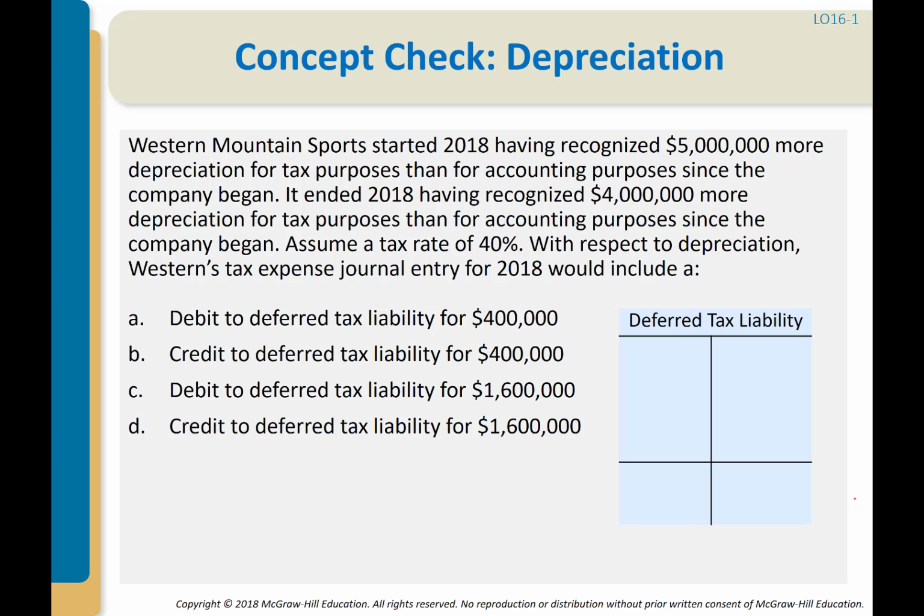Okay, it ended 2018 having 4 million more depreciation for tax purposes than for accounting purposes since the company began. Assume a tax rate of 40% with respect to depreciation. What is the tax expense journal entry for 2018?